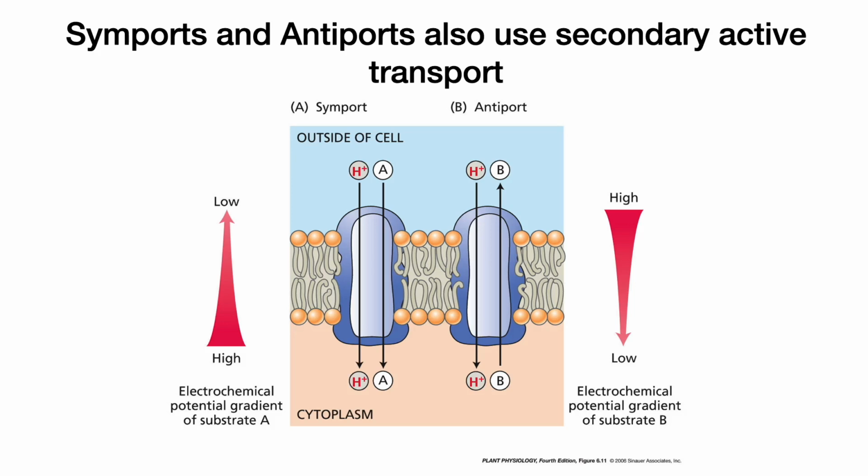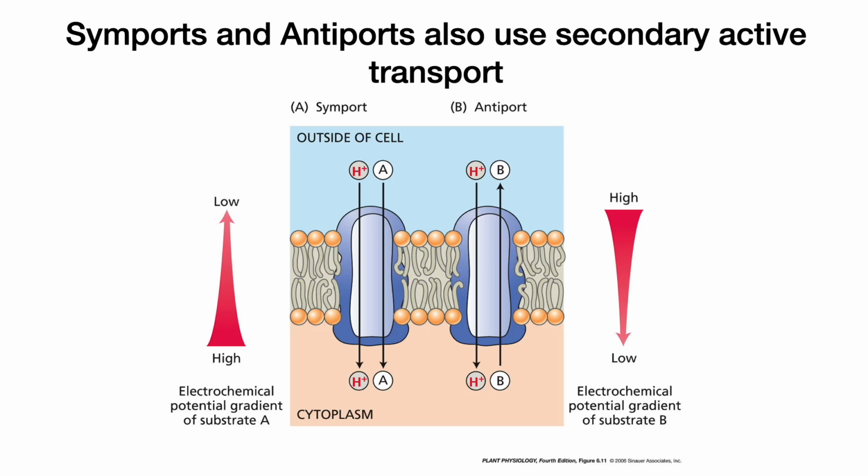So we have an antiport moving an ion against its electrochemical potential gradient, and we have a symport moving against its electrochemical potential gradient. Now, not all symports and antiports necessarily have to be active transport mechanisms. They could be happening in a passive way for both molecules if the circumstances allow it.